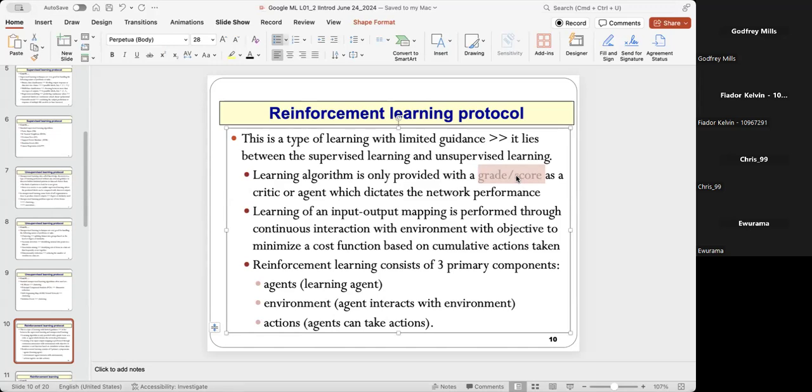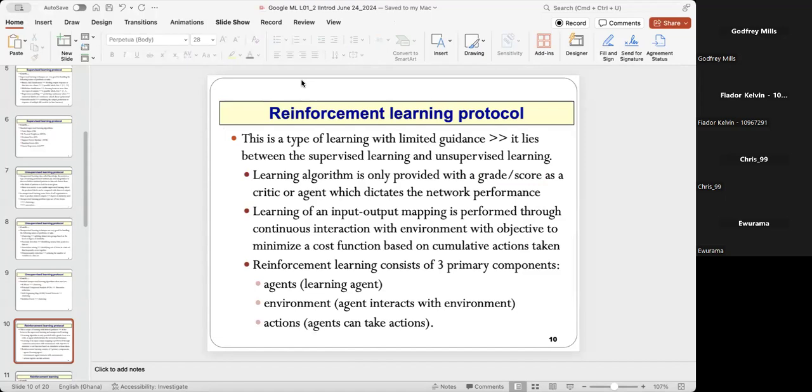So once it is approaching what is expected, then it says that you are doing very well, I give you credit for that. And if it is not, then it gives you a penalty. It means that you are not learning as expected. So that is a summary of the reinforcement.